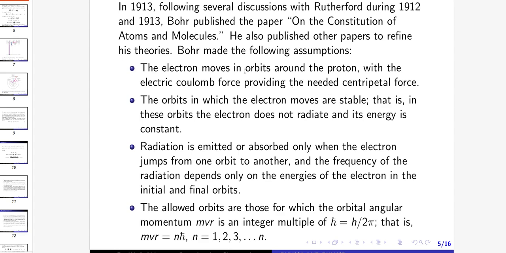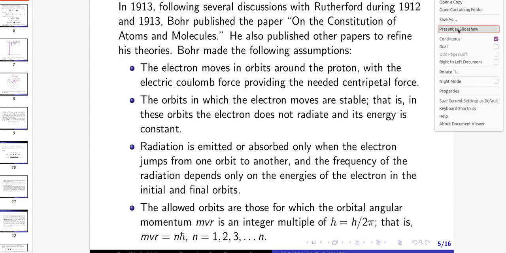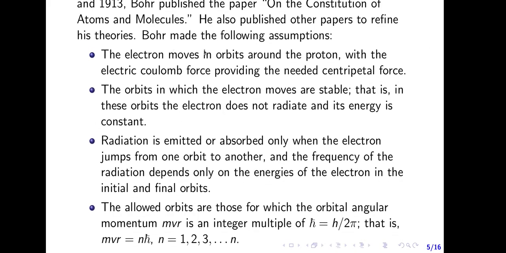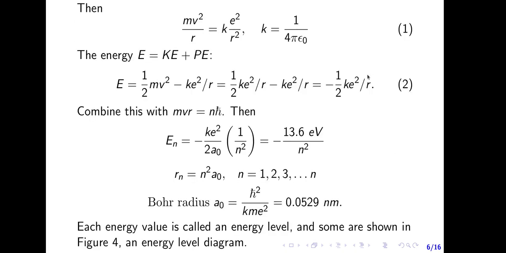So the electrons move in orbits around the nucleus with the electric force providing the centripetal force, because if an object is moving in a circle, it needs centripetal force. The centripetal force is mv squared over r.